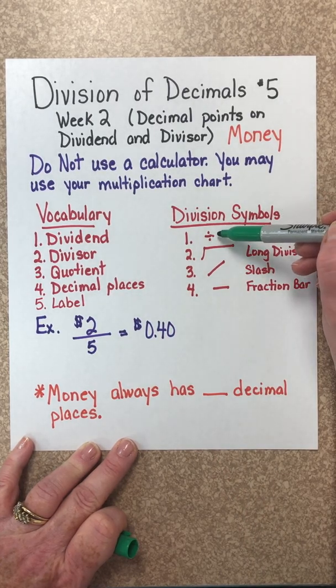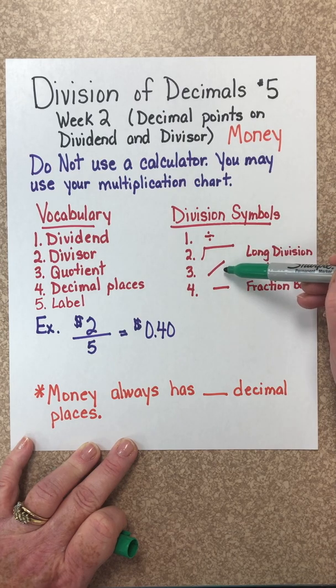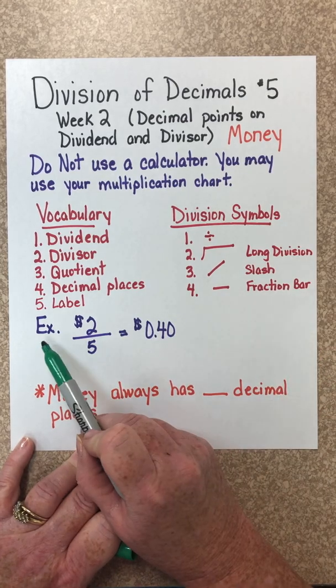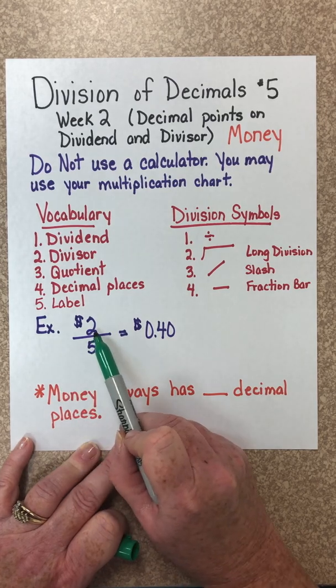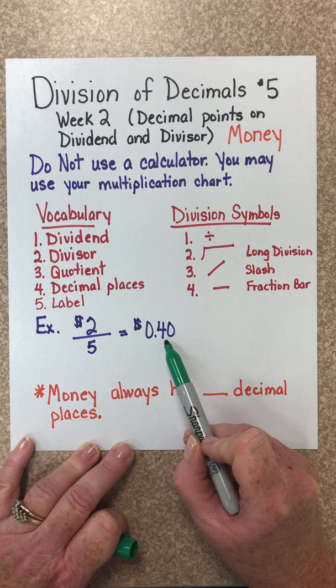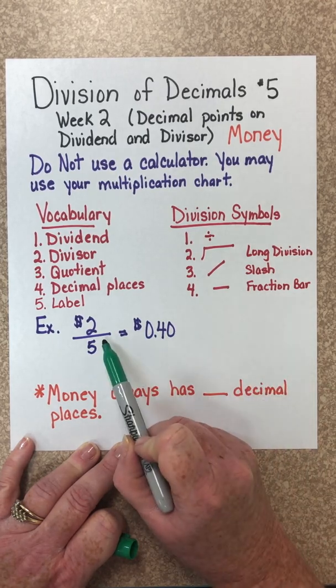We have the traditional symbol, the long division symbol, and we're also going to look at the fraction bar today as a division symbol. So let's look at our example. We have $2 divided by 5 equals 40 cents. Notice the symbol. It's the fraction bar.